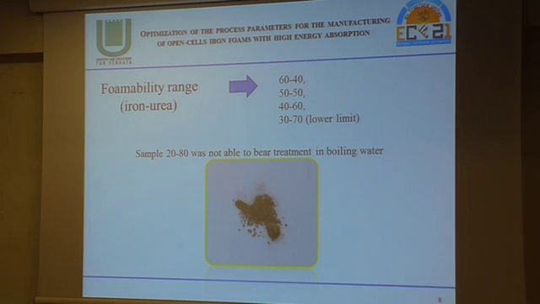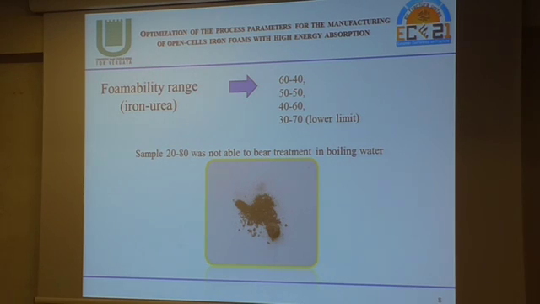Scanning the range of the composition, iron and urea, we found just 4 ratios in the foamability range: 60-40, 50-50, 40-60 and 30-70. This was the lower limit of formability of the mixture.